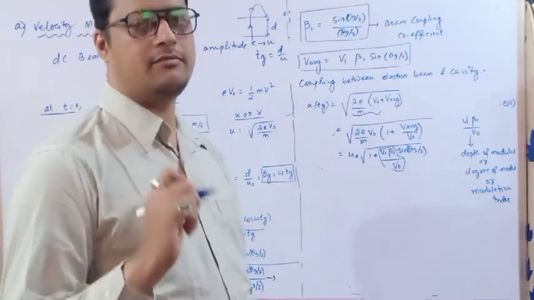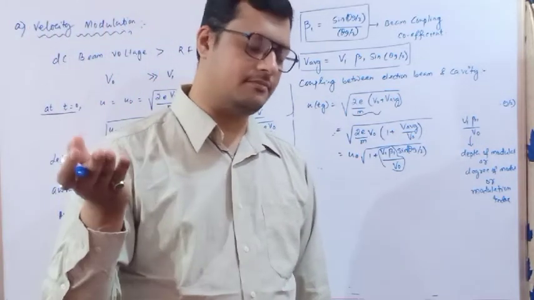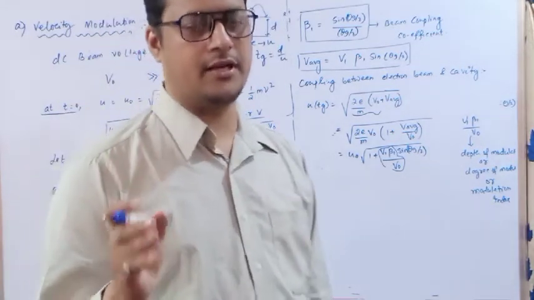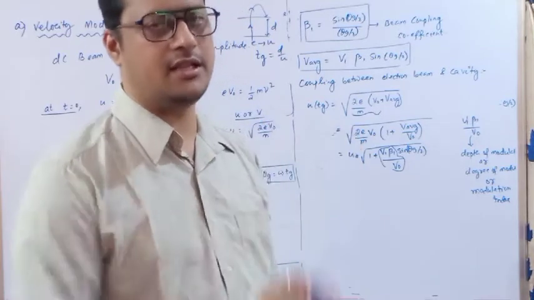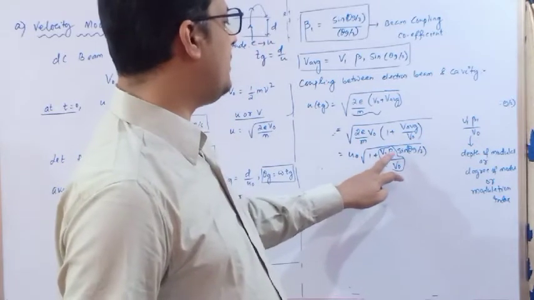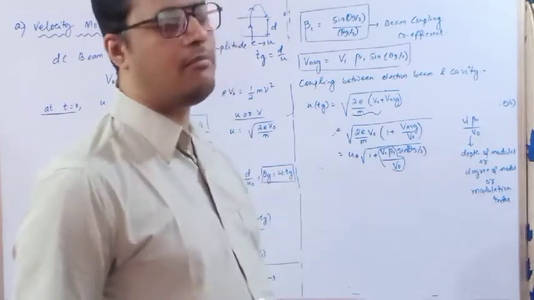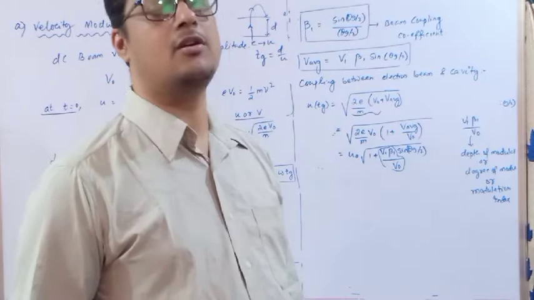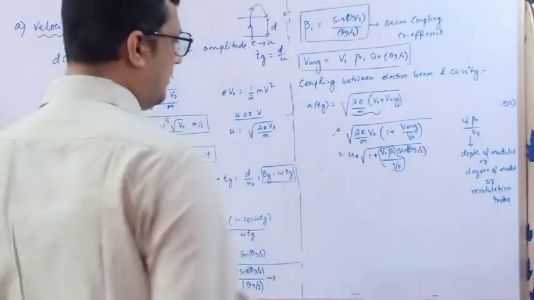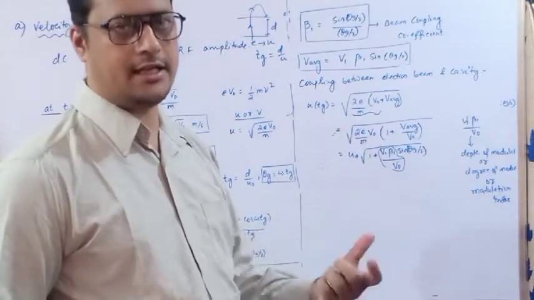If I compare with an AM signal, how do we determine the modulation index? It is the maximum amplitude of the message component divided by the maximum amplitude of the carrier component. Similarly, here V1 beta 1 divided by V naught, this ratio is called degree of modulation, depth of modulation or modulation index. So this is the basic criterion through which we can identify our modulation index, and we can say yes, modulation happens.